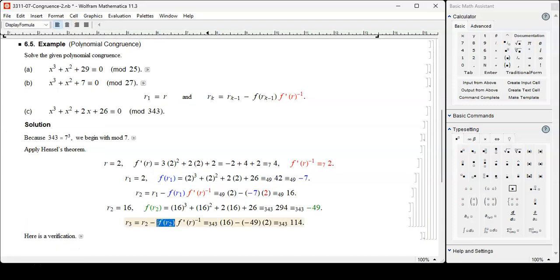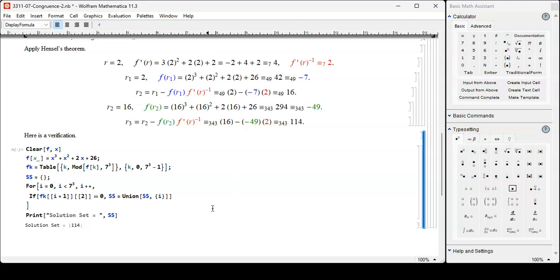So this is -49, as you calculated, and this one is something we calculated in step 1. So -49 goes here, and then 2, do your computation, and you get 114. So basically we are using Hensel's theorem twice. And here's a verification.